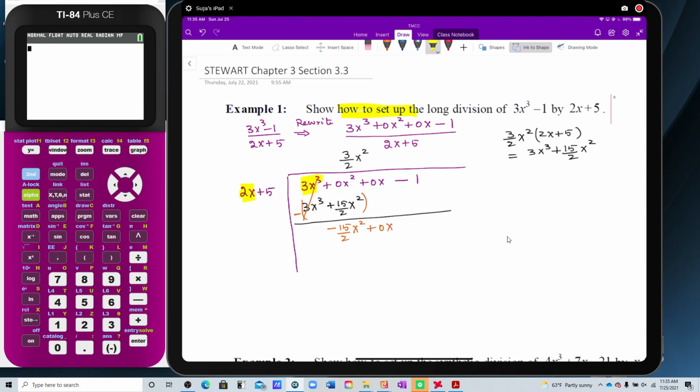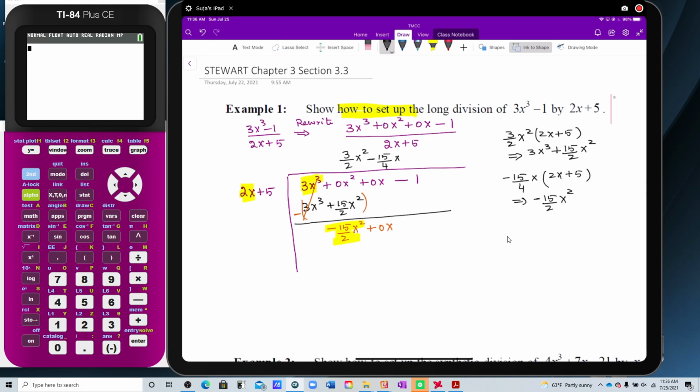Okay, now again repeat the same process. Just look at the negative 15 over 2x squared and see what needs to be multiplied to the 2x to get that. And I know I need a negative 15 over 4x, right? x times x is x squared. So negative 15 over 4x. I need to multiply that to a 2x plus 5, which gives me negative 15 over 2x squared.